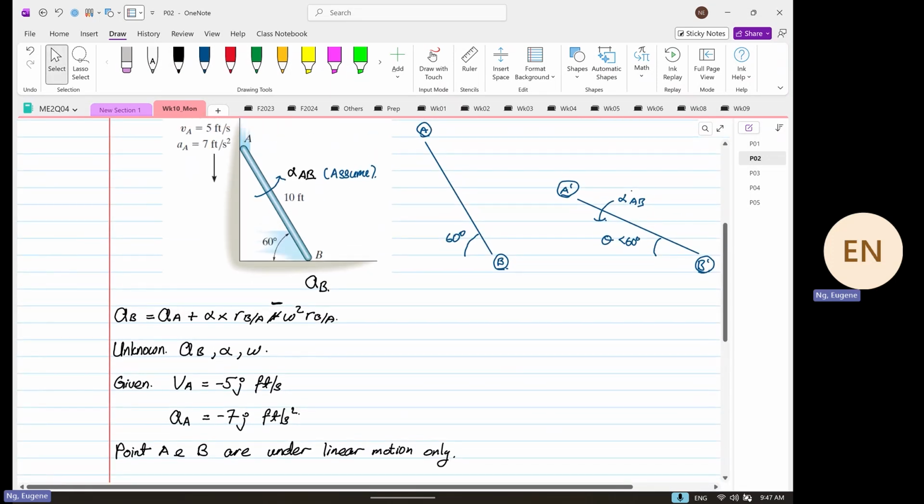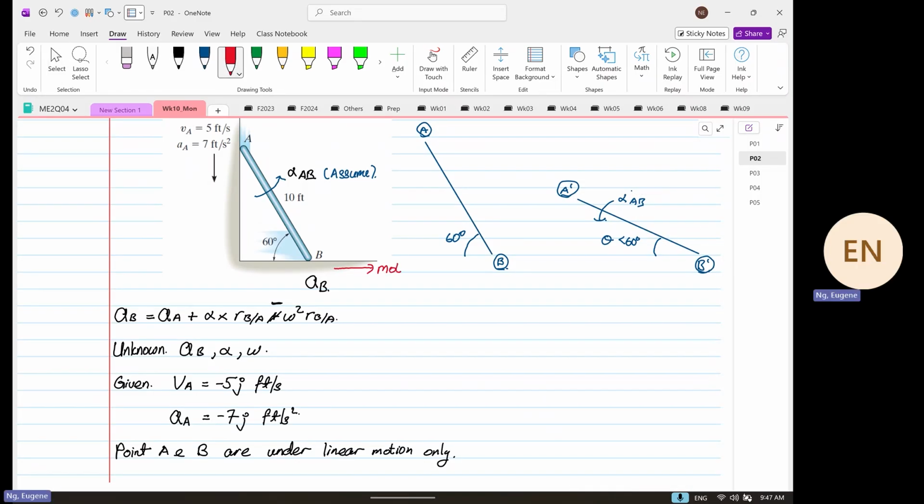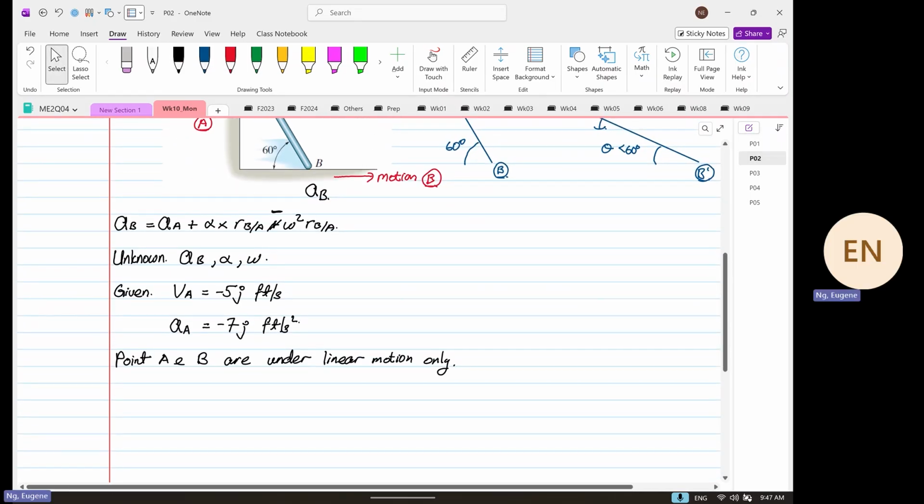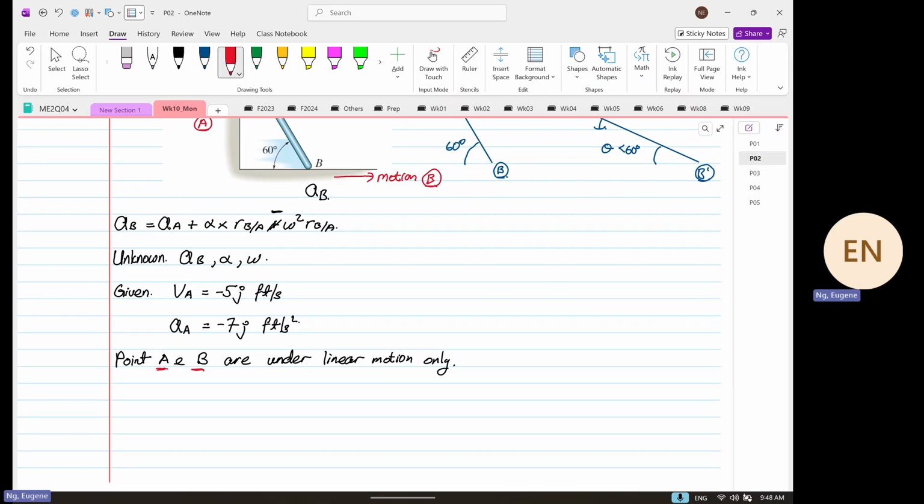So if you look at point A and point B, this is the motion of point B. And the part that is coming down, this is our motion at point A. So when that's the case, acceleration A is equal to A tangential plus A normal.